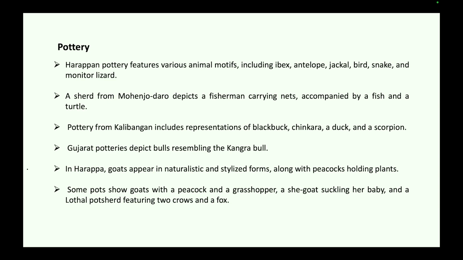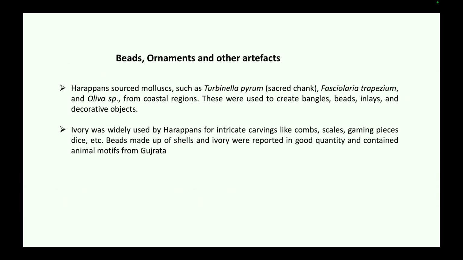So, by this slide, we can study how the Harappan people assimilated their faunal activity, their friendship with their animals, on the basis of paintings which they painted on their pottery, beads and ornaments, and other artifacts. Harappans sourced molluscs such as Turbinella pyrum, Fasciolaria trapezium, and Oliva species from the coastal region.